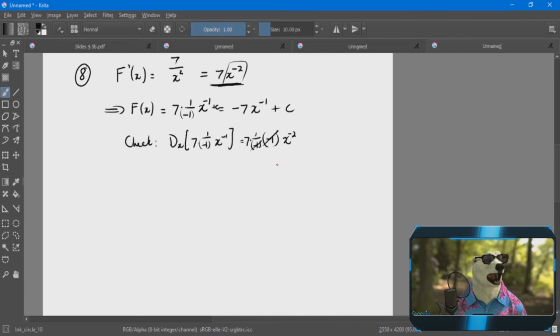So reversing the power rule can get me pretty far in terms of finding these antiderivatives. Of course, there's always the constant times a function property, the sum and difference property, and the constant property working sort of in the background.